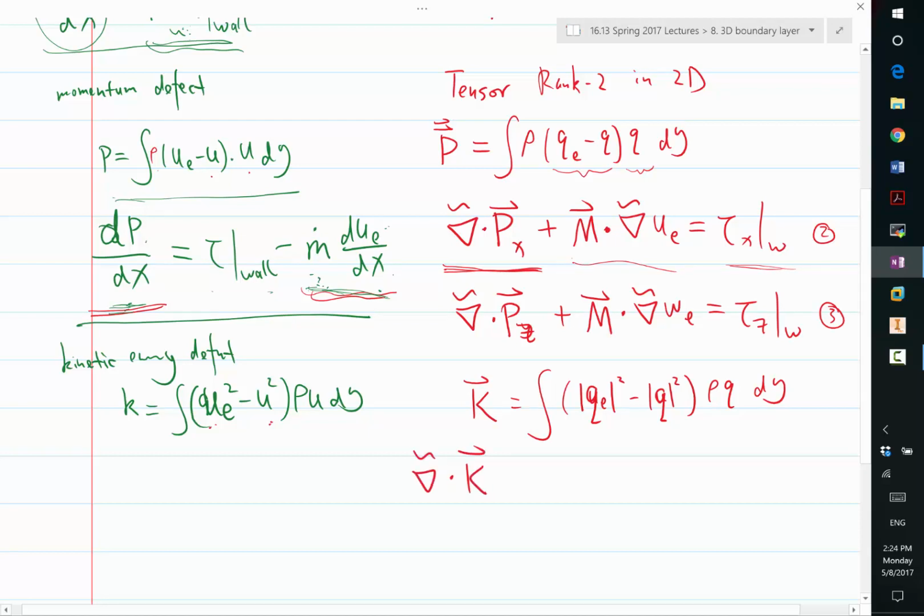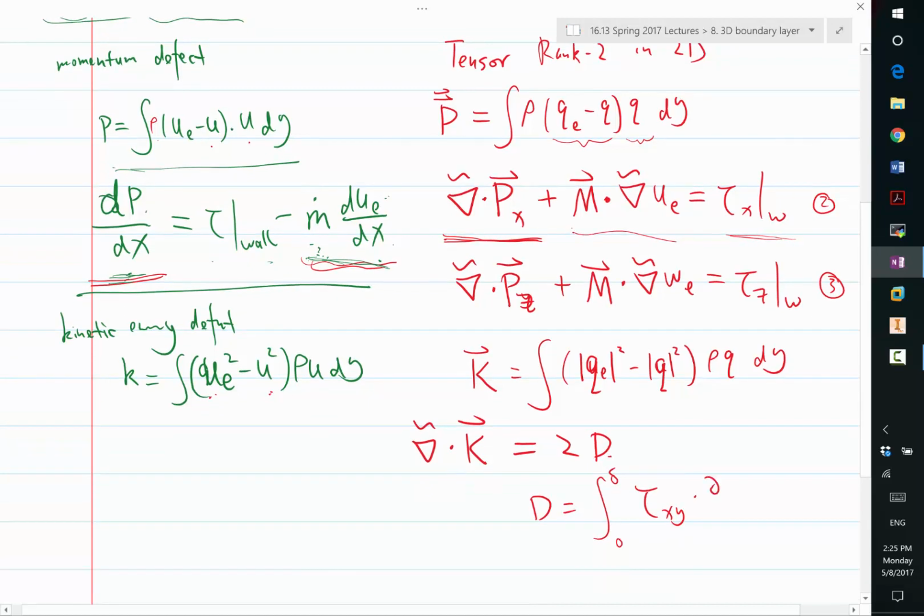That's again from the conservation law, from making a control volume, plus, I think this ends up being just two times the dissipation, where the dissipation is defined as the integral from 0 to delta of tau xy times partial u partial y plus tau zy times partial w partial y dy.